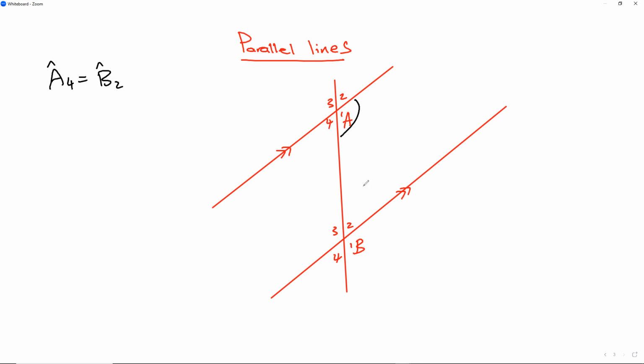Another two angles which are equal are A1 and B3. If those two angles are the same, then A1 and B3 must also be the same because they both add up to 180, as they lie on a straight line. So A1 is also equal to B3. We call these angles by a special name, known as alternate angles.